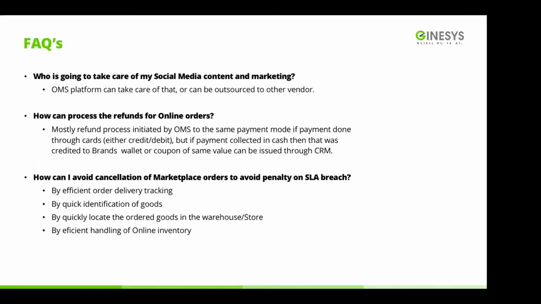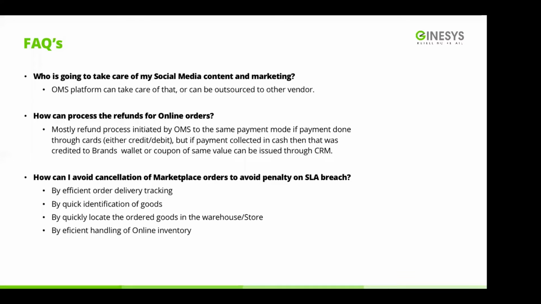But if payment was collected in cash, then it is credited to the brand's wallet, or a coupon of the same value can be issued through CRM. So for cash refunds on online orders, these are the two most common ways: you can credit the value to your brand wallet, to be redeemed in the next purchase, or you can give a coupon through a CRM solution.